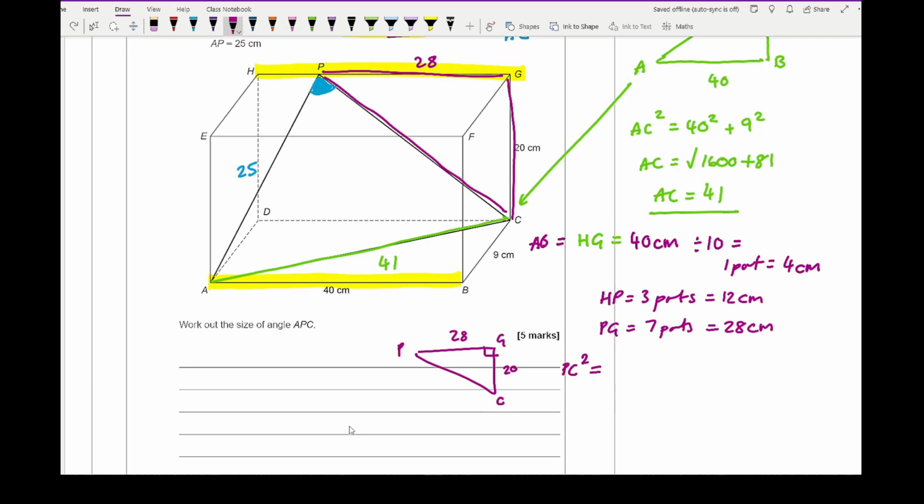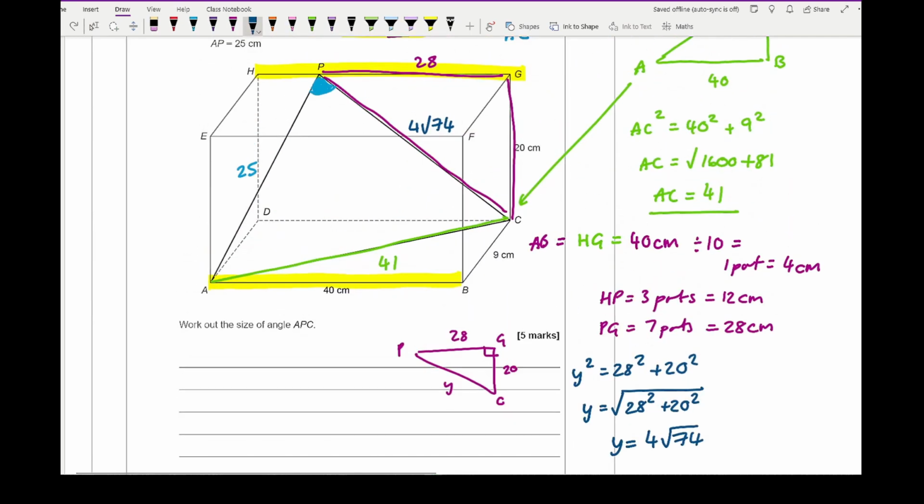If I call this Y, then Y squared equals 28 squared plus 20 squared. So Y is going to equal the square root of 28 squared plus 20 squared. If I type that into my calculator, I get an answer of 4 root 74. I'm going to use the exact values because really I should only be rounding my final answer.